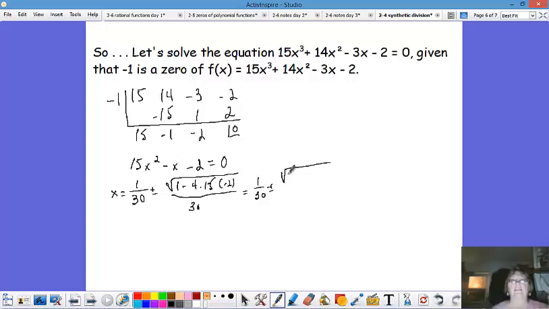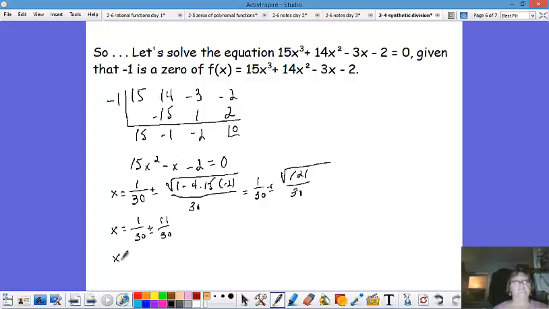Minus a negative, it's add. That is 121 under there, which is kind of good news because the square root of 121 we know. Our x's are going to be then 1/30 plus or minus 11/30, and we can do that math.